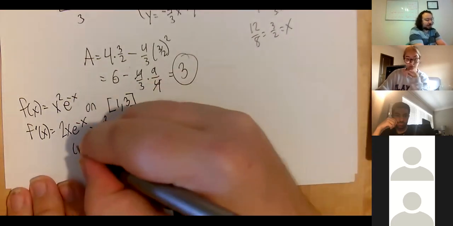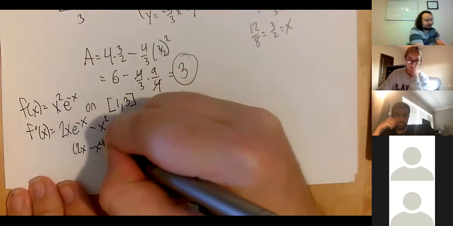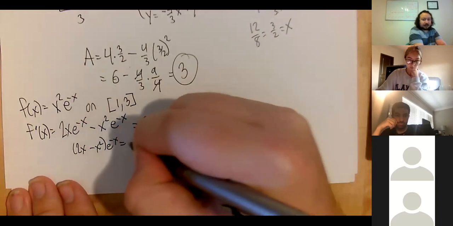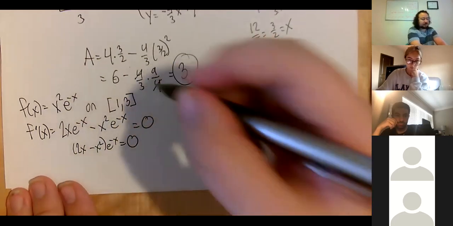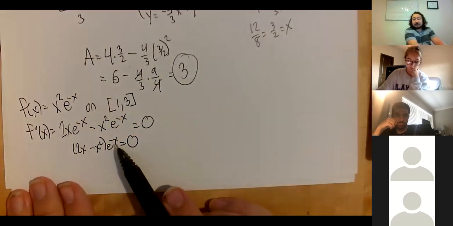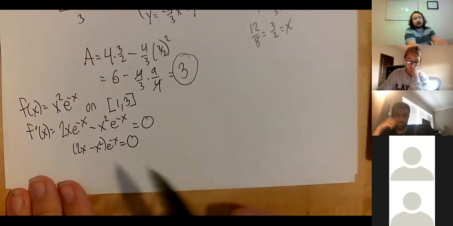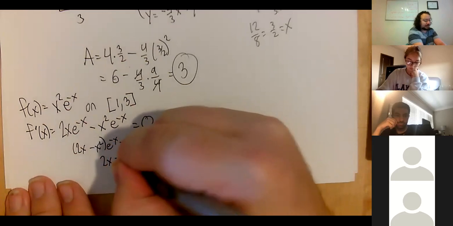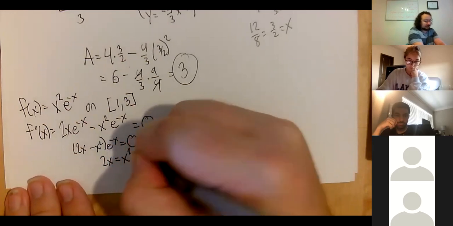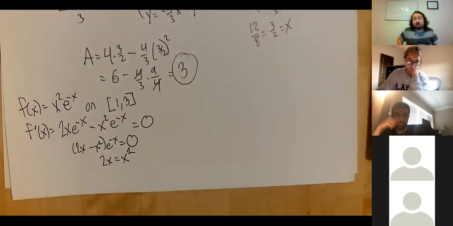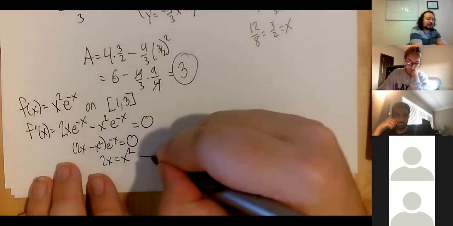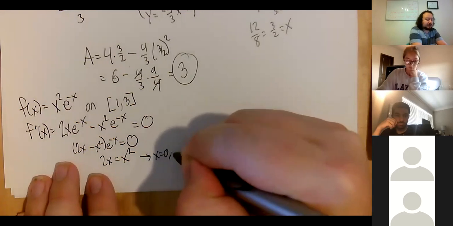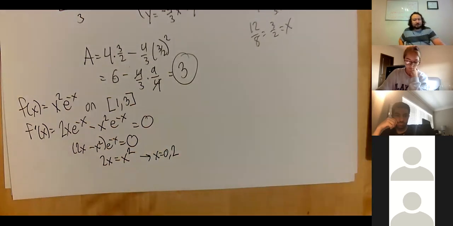So if I factor out an e to the negative x, I have this right here. And e to the negative x can never be 0. E to the anything is never 0. So we're really just seeing where 2x minus x squared is 0, or 2x equals x squared. And there are two x values where that happens: x equals 0 and x equals 2.